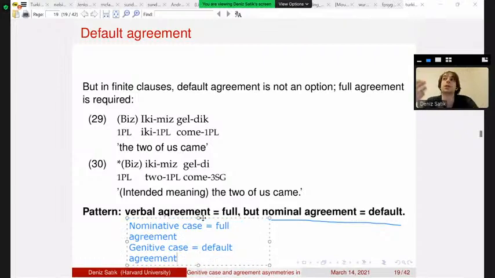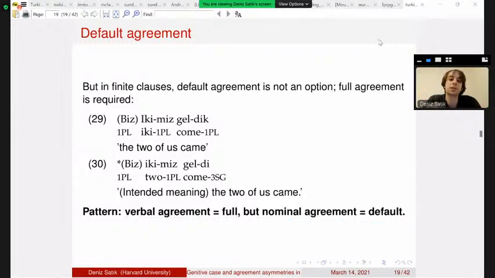So the complex possessors are the things that we talked about earlier: partitive subjects, adnominal pronouns, reflexives, and what was the last one? Oh yeah, inflected pronouns. Those four. Okay, so complexity plus genitive case, default agreement. Complexity plus nominative case isn't enough to get default agreement. You still need to have full.